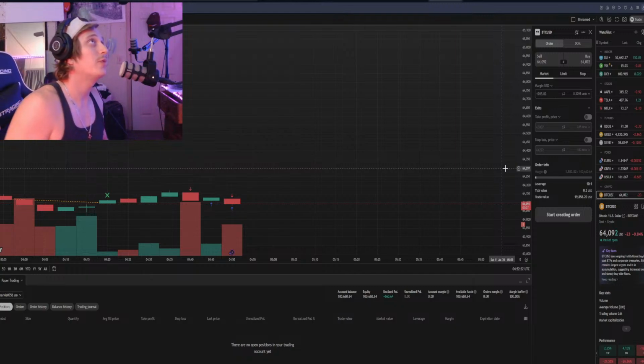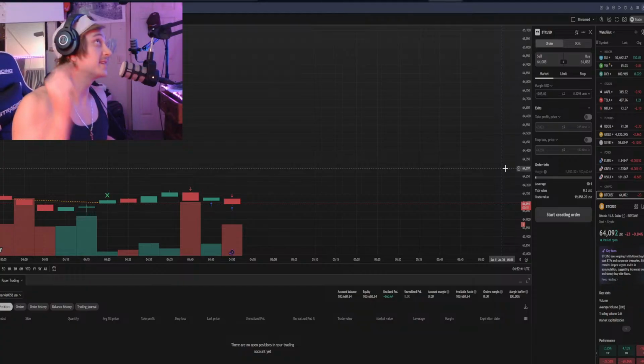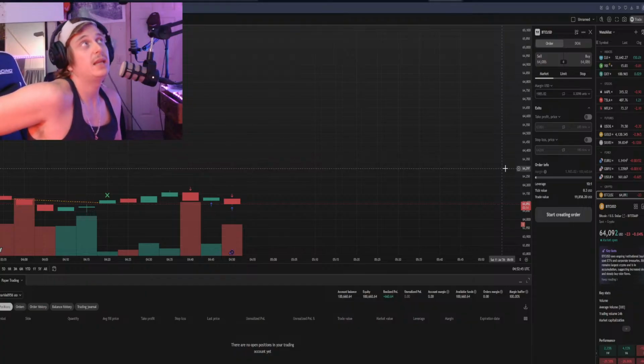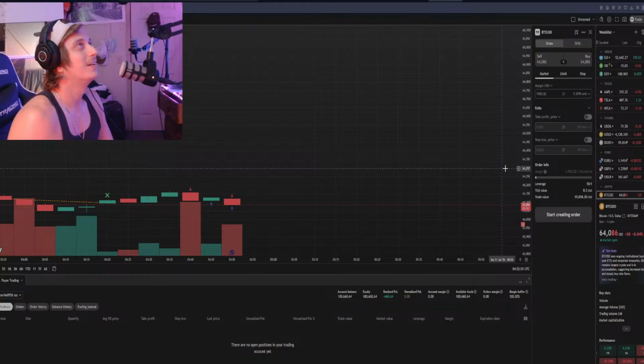So even though we were at a $4 stop loss, it jumped so hard so quick that we only ended with $1.68 profit. But that is still $1.68 profit. I mean, you do that 100 times a day, 100 times 5 is what?